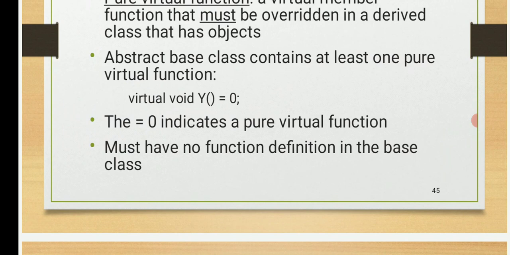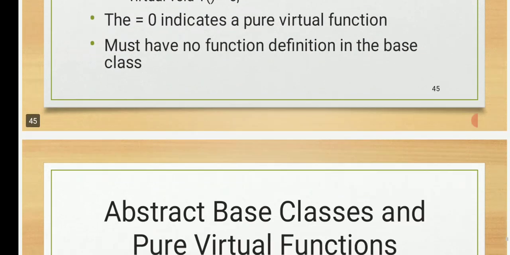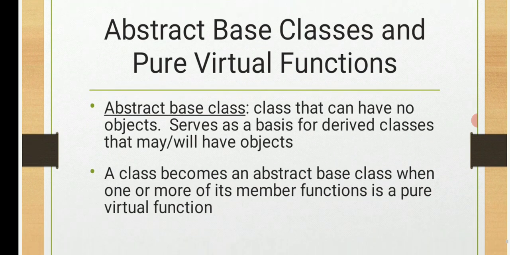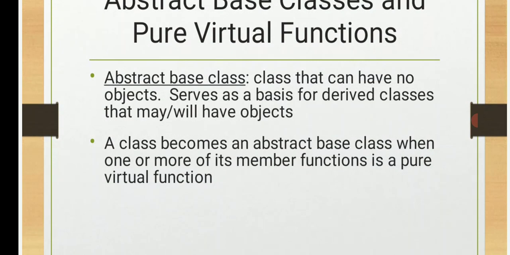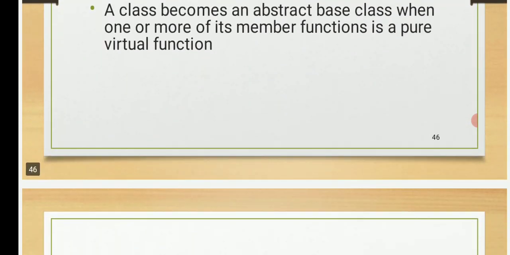So we have seen the pure virtual function: it has an assignment of 0, it should have the virtual keyword, then you give the return type and function name. After that you use the equals assignment operator, and then you give 0. That is a pure virtual function. An abstract base class means a class that does not have objects, right?